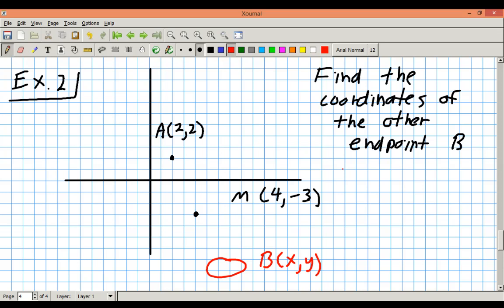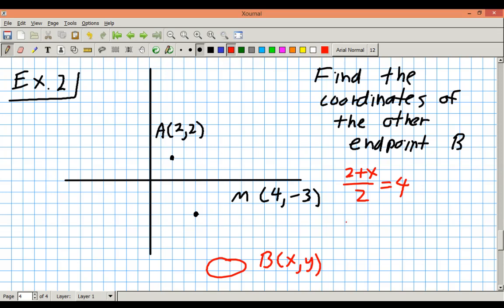So 2 plus x, divided by 2, equals 4, right? Because you're adding the x coordinate 2 from point A to the x coordinate from B, which is x, which we don't know, and then dividing by 2. That's equal to the x coordinate of the midpoint.